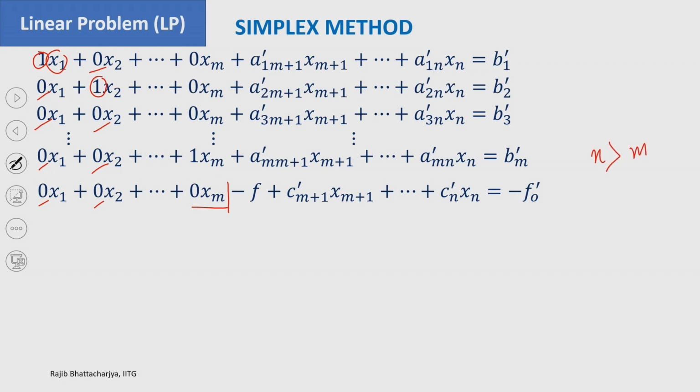So, what are we considering here? We are considering that up to xm are basic variables, that is, up to the number of equations. So, we have m basic variables and n minus m non basic variables. So, from x1 to xm these are basic variables and from m plus 1 to n non basic variables.